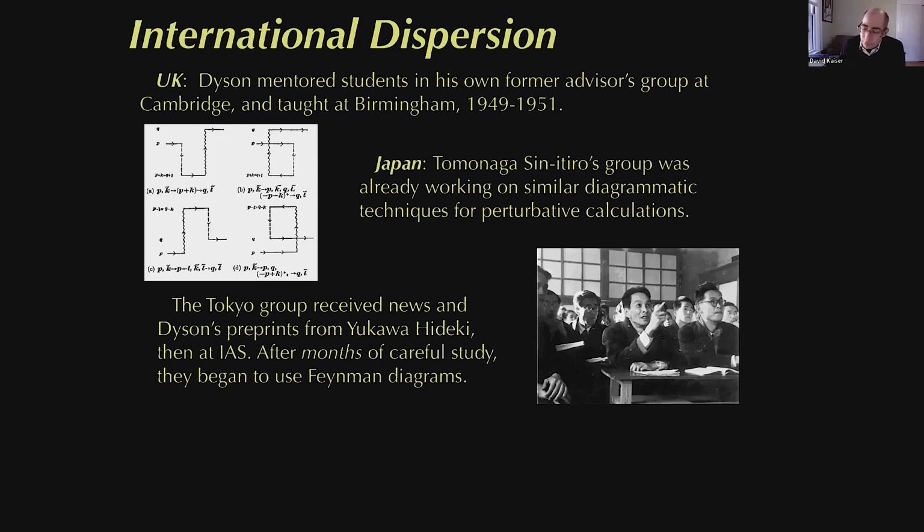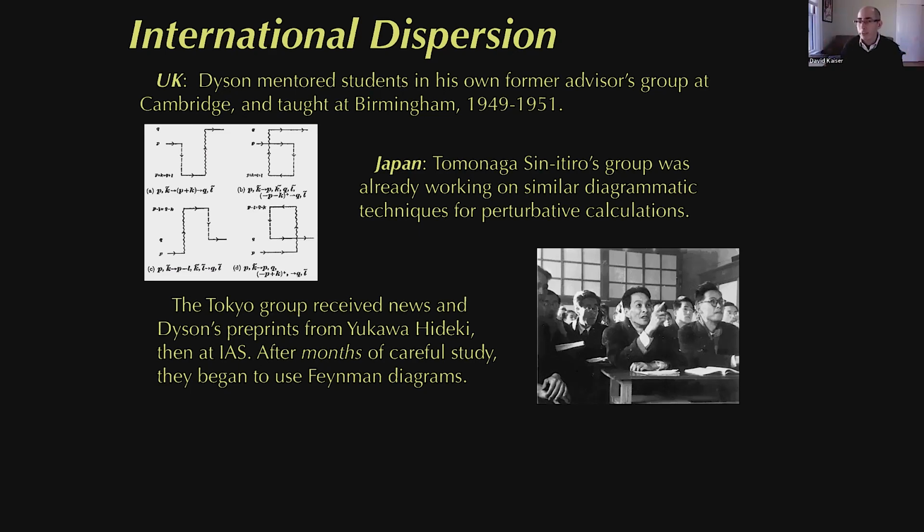And they had developed soon after the war their own kinds of pencil and paper diagram bookkeepers, which Kenji found for me. We wrote about them together. These were in some of the mimeographed early post-war publications that circulated in Japan. And these were in momentum space. They weren't space-time diagrams, but they were trying to do similar things.